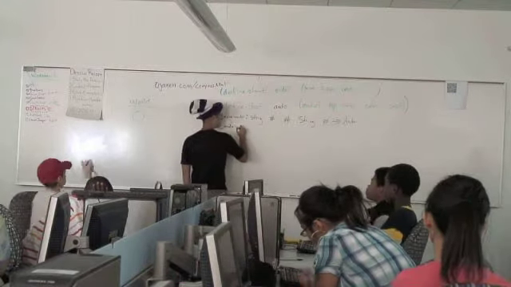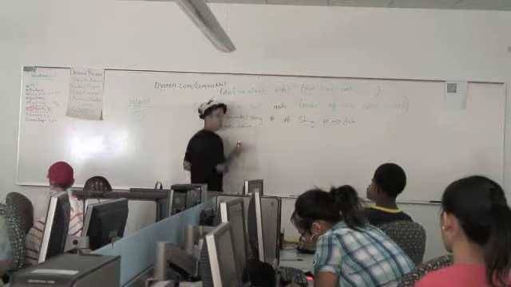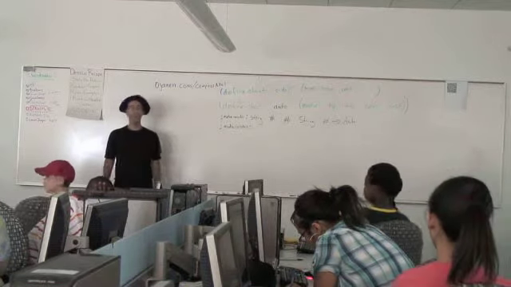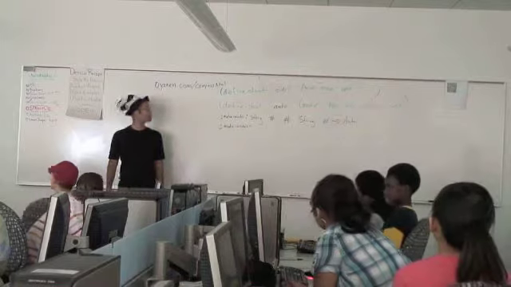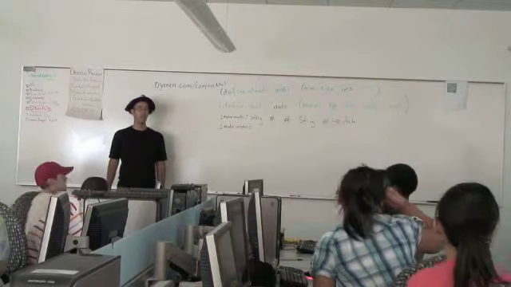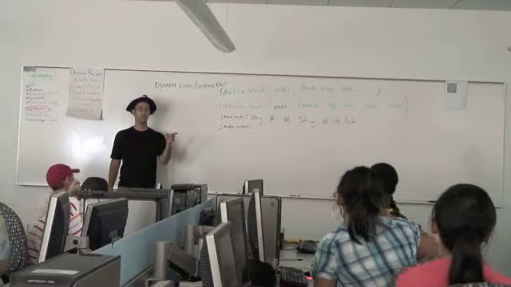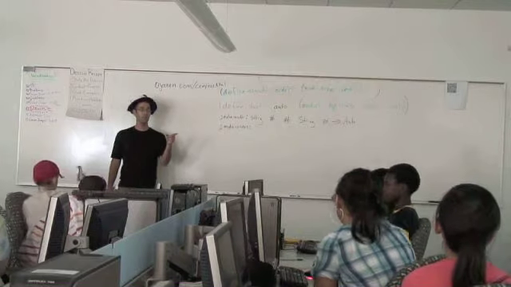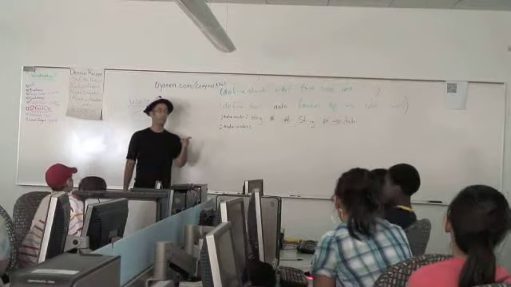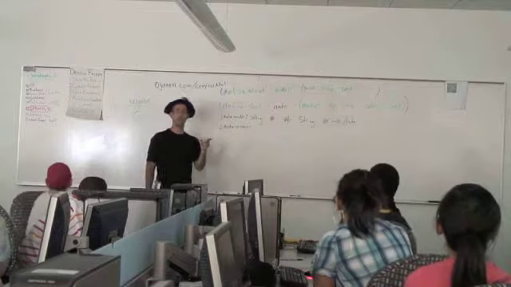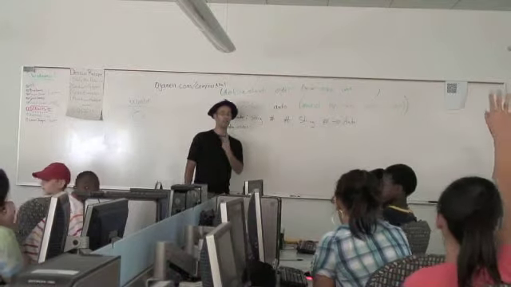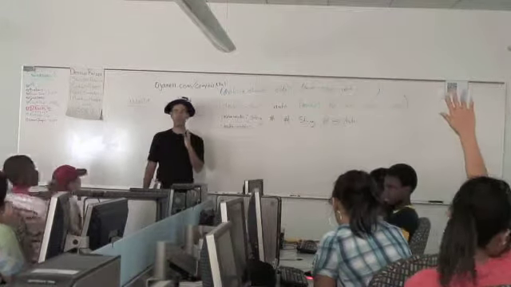How many things are in its domain? Raise your hand if you think you know how many things are in make order's domain. How many things do you need to give to make order?